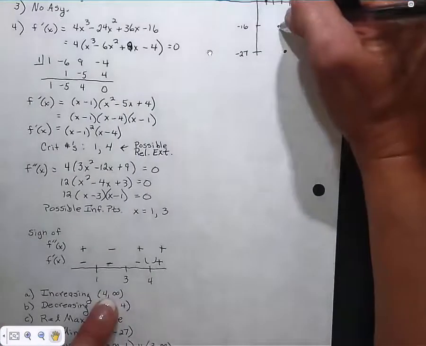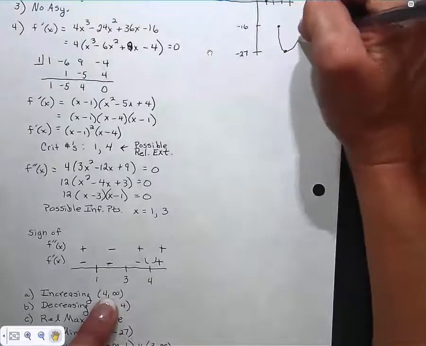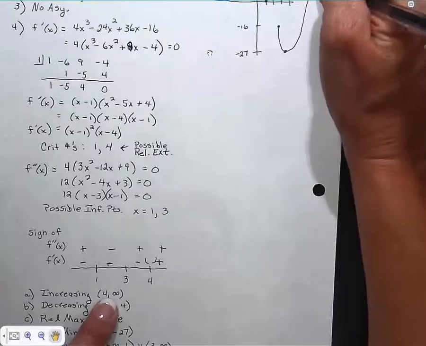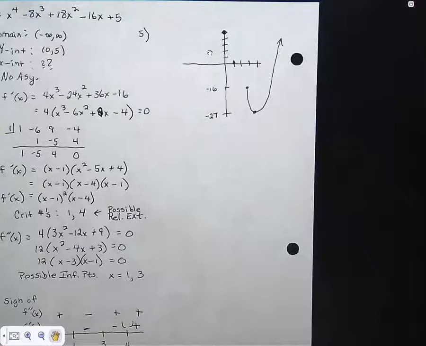Concave up from 3 to infinity, increasing 4 to infinity. I strongly suggest doing this in pencil, by the way. It's decreasing from negative infinity to 4.